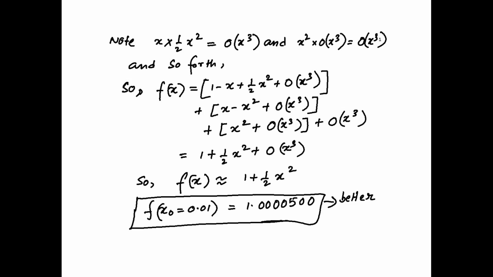Now you plug in the formula, you will see not only the estimation is better, it is now accurate up to 5th place in decimal. It also captures that increasing function aspect of this function f(x).